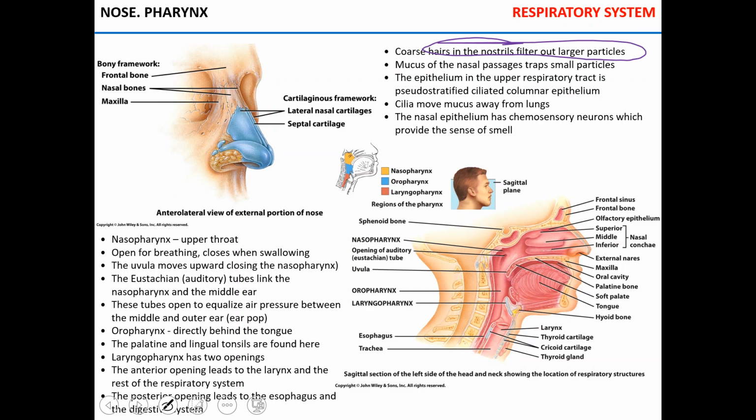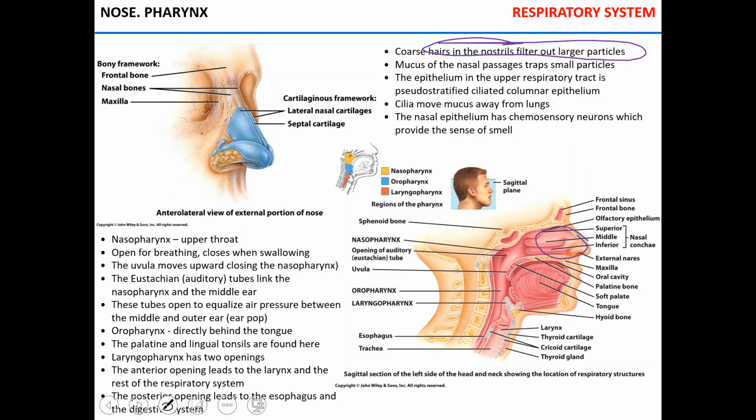The epithelium that covers the nasal cavity is pseudostratified ciliated columnar epithelium, and cilia move mucus away from the lungs in the nose. And of course, an important function of the nose is the sense of smell.